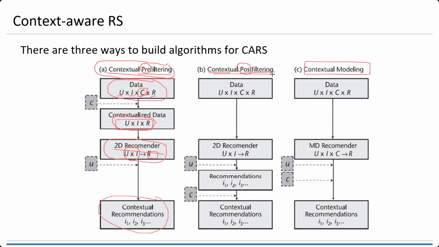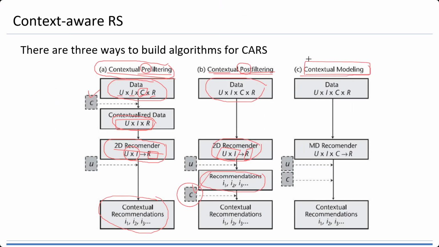For the contextual post-filtering, it means we have the data, and we will first do the user and item interaction to predict the rating. And then after we do the recommendation, we will check based on the context. So the context is here, but in the pre-filtering, the context is in the early part.